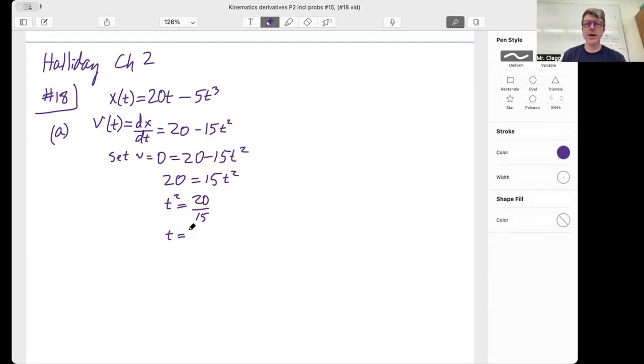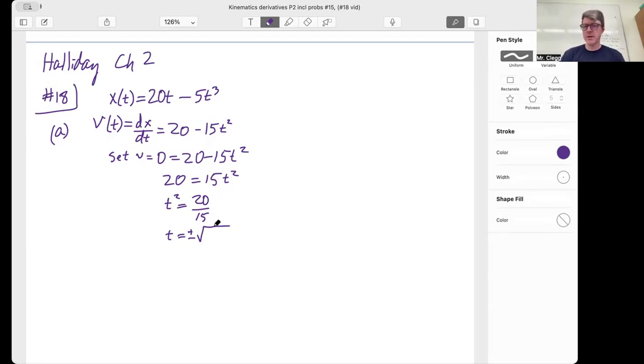Negative time just happens before we started the experiment, so there may or may not be any physical significance to that. Let's see what that number is. It'd be 20 over 15, 1.33.